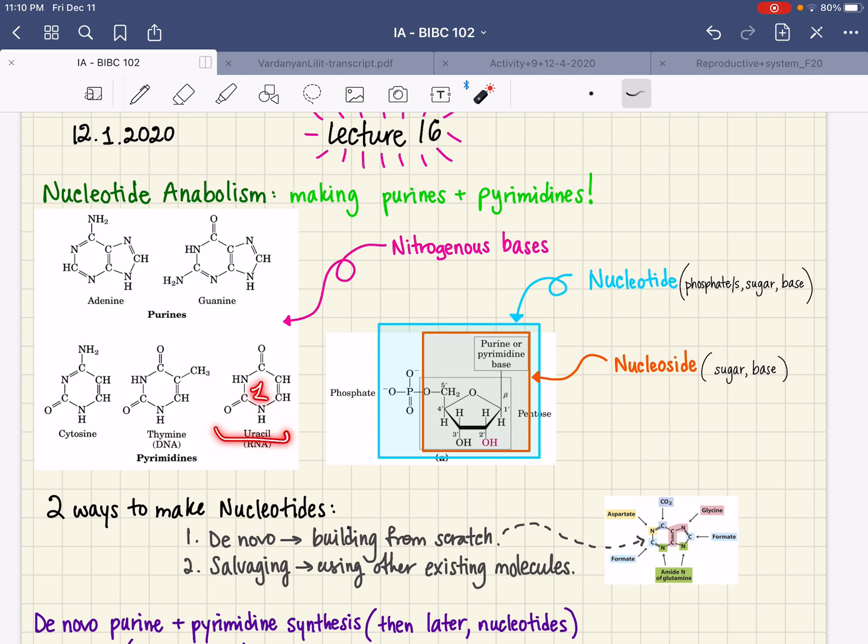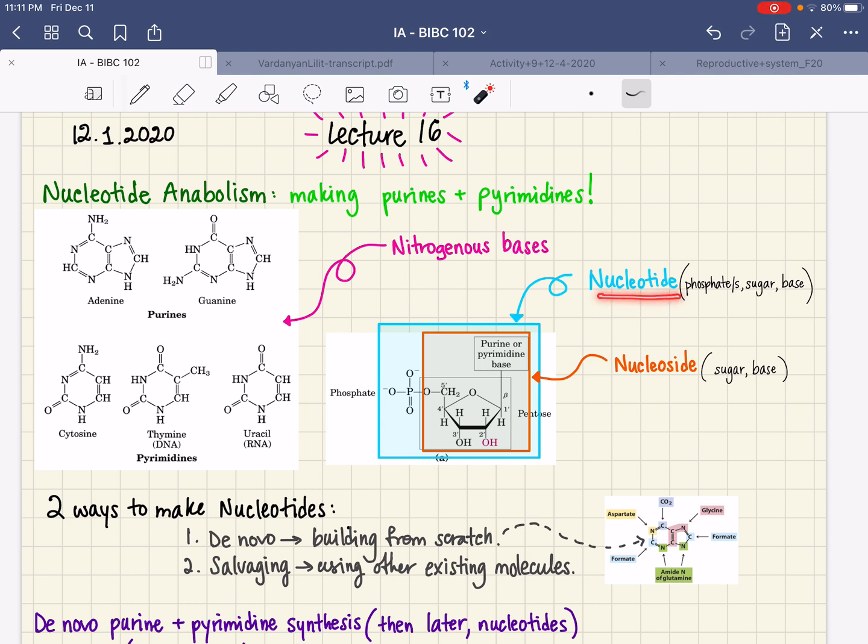The one rings instead of the two rings. Okay? The two purines that we have are adenine and guanine, and the three pyrimidines are cytosine, thymine, and uracil.